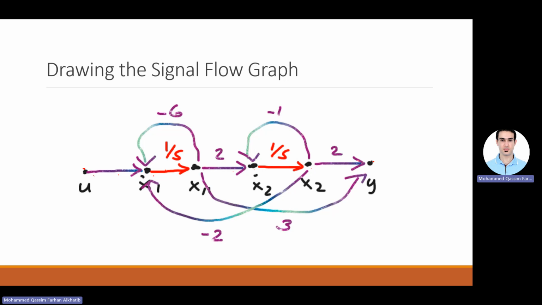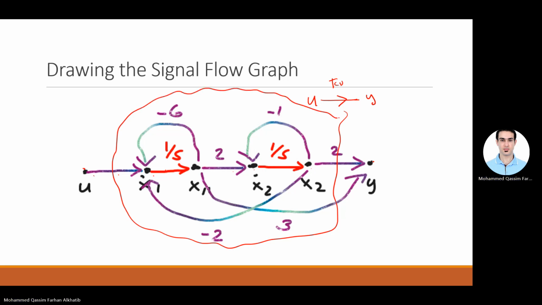All right, so that's the signal flow graph, and the task will be, given this whole thing, to represent it as u, with only one branch, and you have y. And this is going to be the T of s. So this whole thing is like the block diagram reduction.